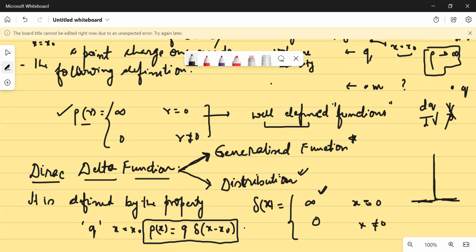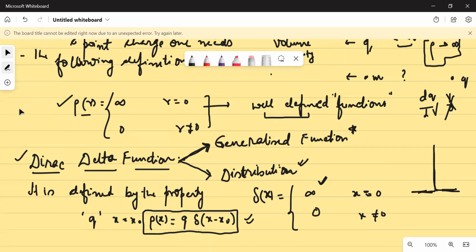We'll come to all these things also, but understand that whenever you are confronted with a problem of how to define the volume of a point charge, or a point mass, you can simply think of it as being represented in some form of the Dirac delta function.